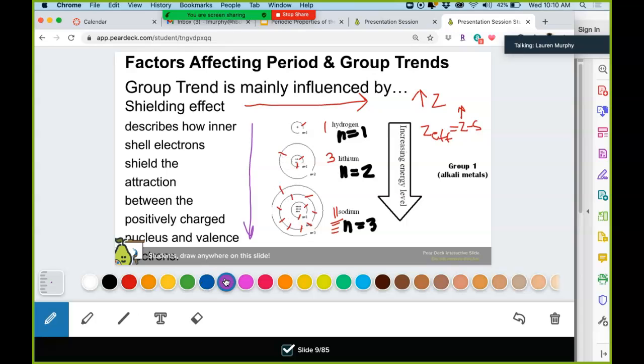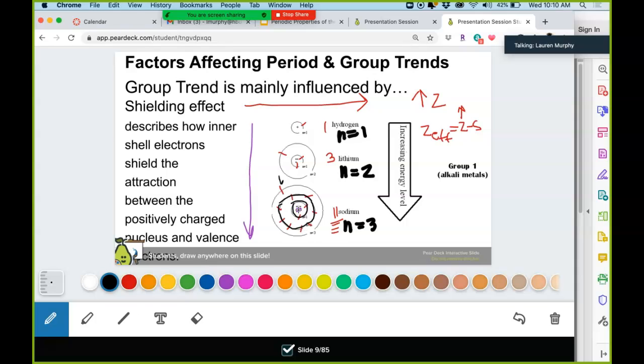So the issue is in sodium, while yes, it has more protons in the nucleus, this positively charged nucleus is shielded or screened by these inner shell electrons. What that means is they get in the way of being able to attract this valence electron in the outermost shell.